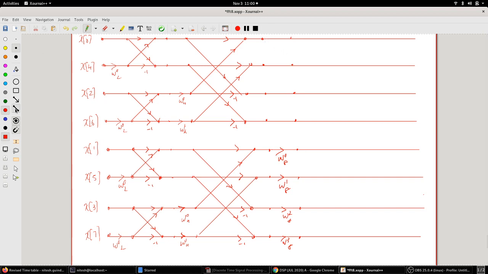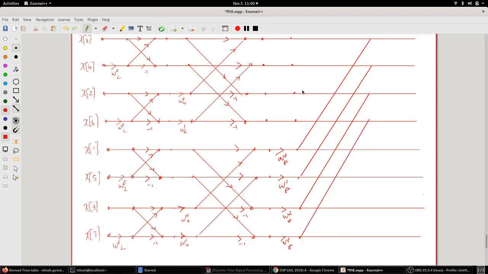So now this is multiplied by -1, this is -1, this is -1, and this is -1.